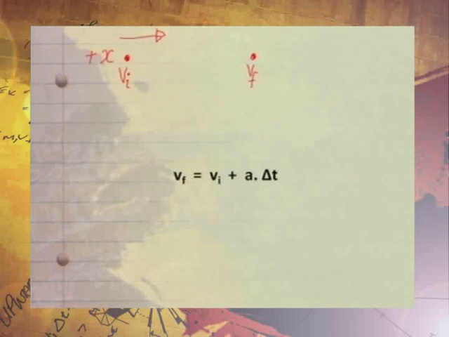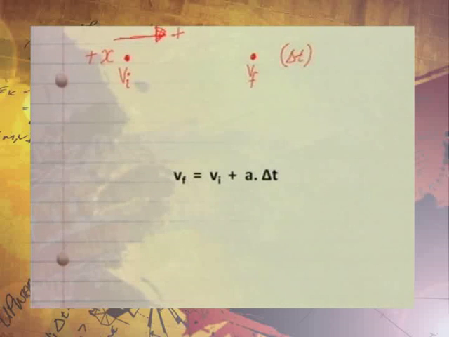So we observe it at that point as well. Now, this is along the positive x-axis. Okay, this is all positive. So the change in velocity here is also positive, so it's a positive acceleration. It took place over a period of time, delta t.